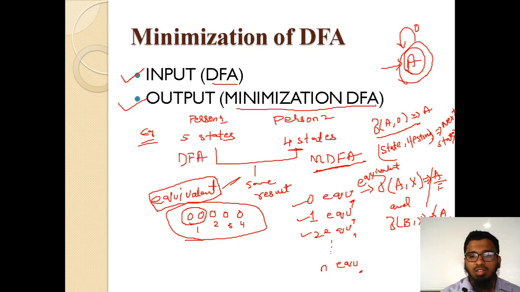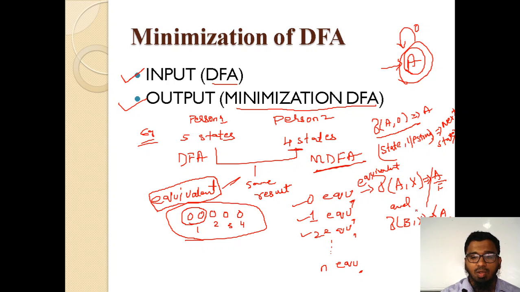In the last class I told you that a state with an input string gives the next state. So here delta(a, x) belongs to the final state, and delta(b, x) belongs to the final state. If both are the same, then it will be an equivalence.